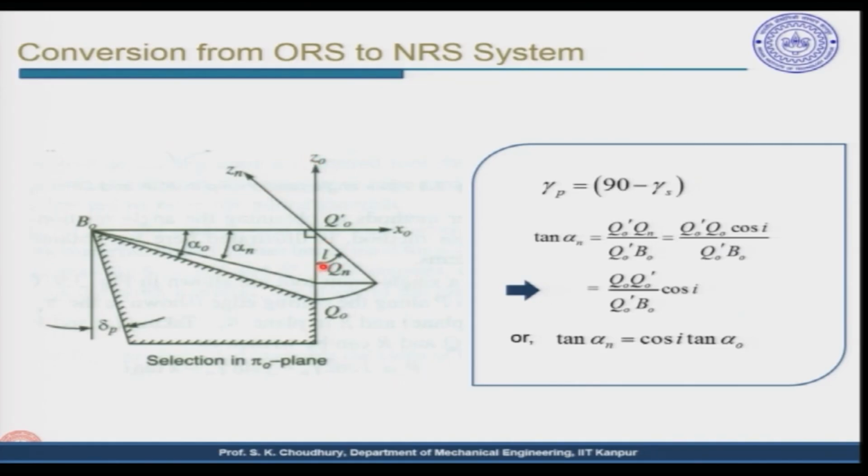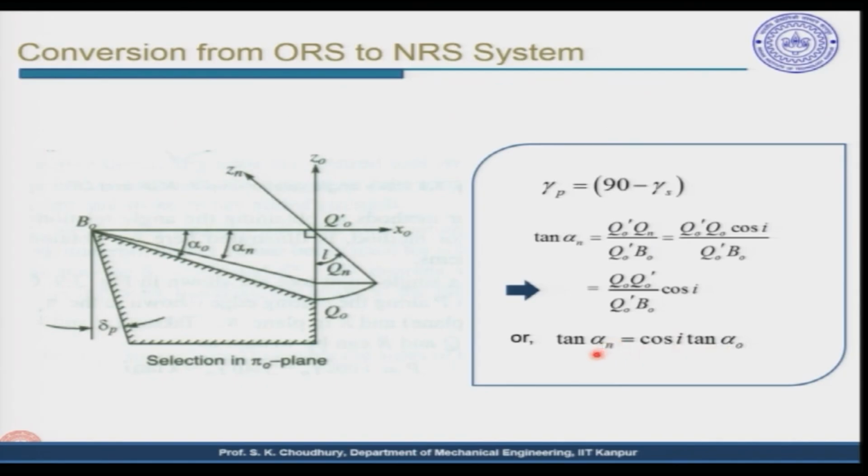After we do that, you use simple geometry, as we said that the principal cutting edge angle is 90 minus gamma s. Then you take the tan of this alpha n, and by simple geometry you can find that tan alpha n is equal to cos I and tan alpha 0.